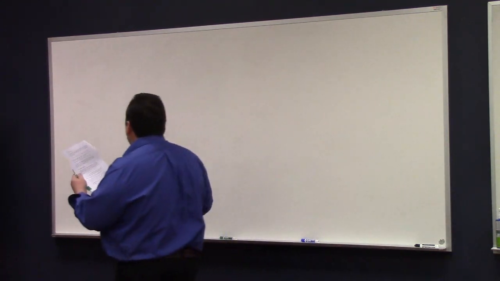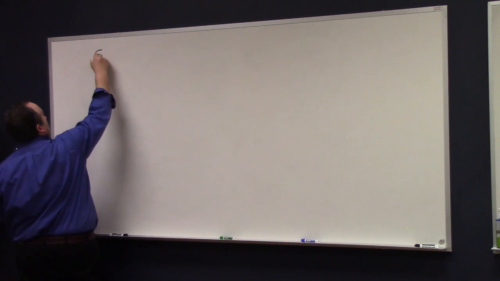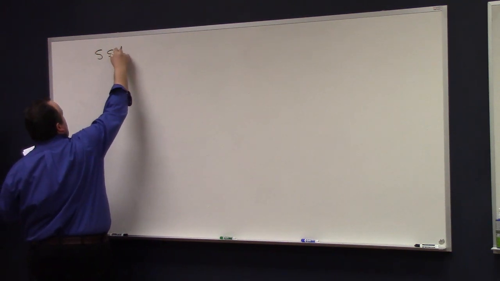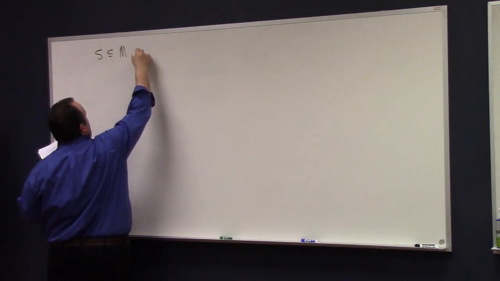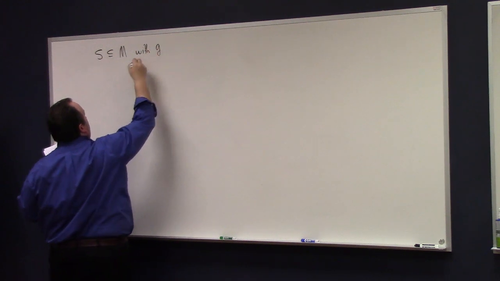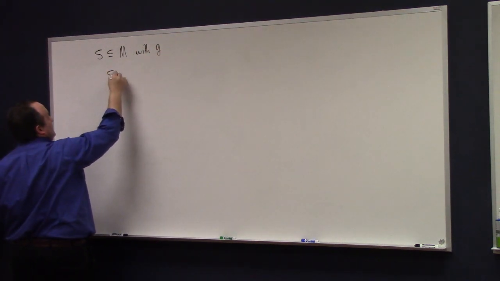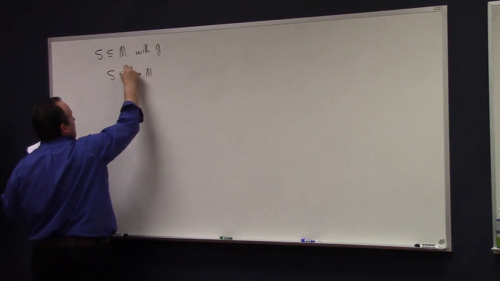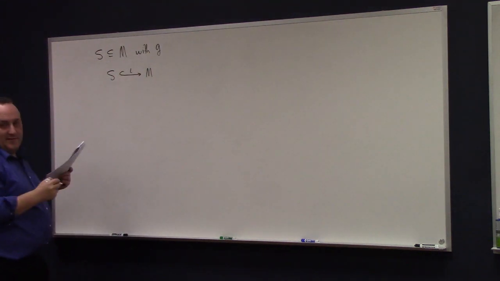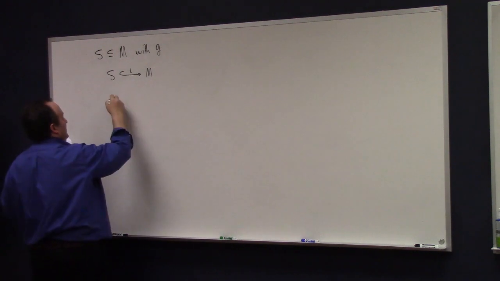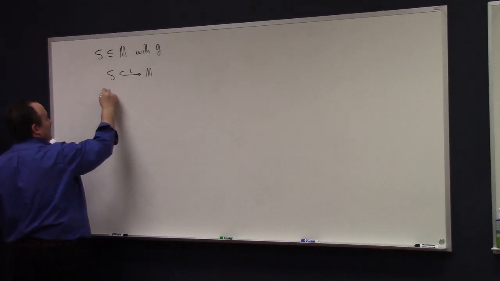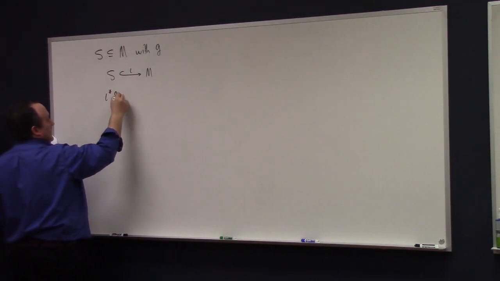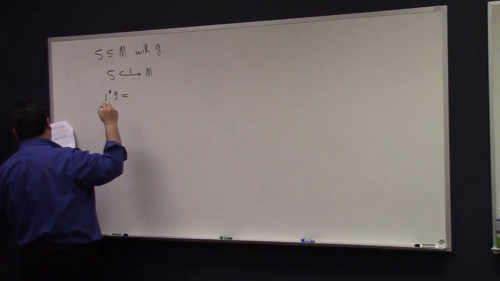So if we have S a submanifold of M, with metric g, then of course we have S included into M, perhaps, with that dreadful map. And so obviously if we take that dreadful map and pull back g, well then that should give us, does he have a notation for it?